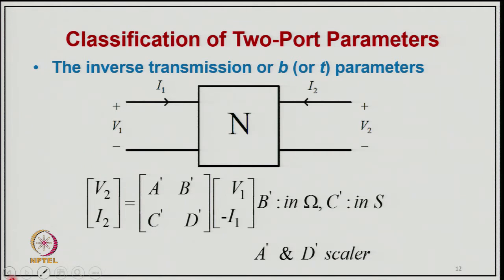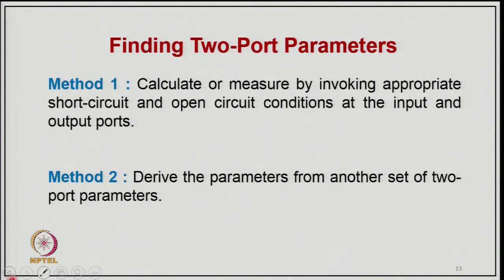So, these are the 6 sets of parameters for this 2 port network, and now there are 2 methods of finding these 2 port parameters. First method is to calculate or measure by invoking appropriate short circuit or open circuit conditions at the input and output, which we already discussed for the majority of parameters in the last 2 lectures, and that is one way.